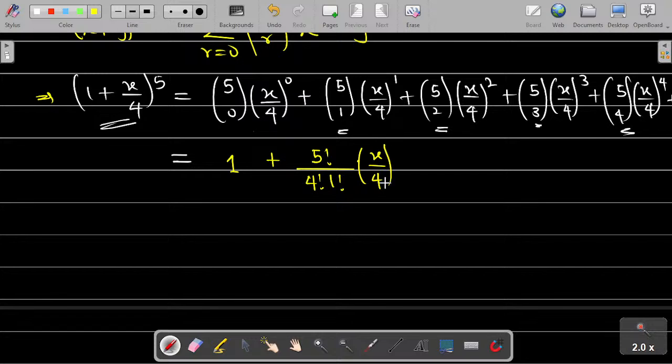Then plus this one is going to be 5 factorial over 5 minus 2, which is 3 factorial, times 2 factorial, multiplied by x squared over 4 squared, which is 16.